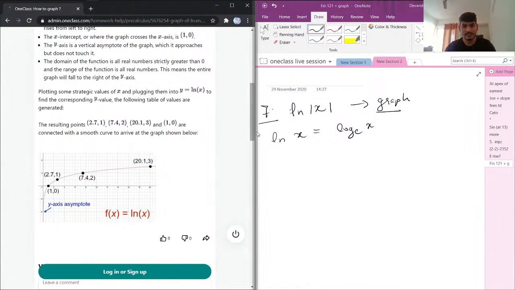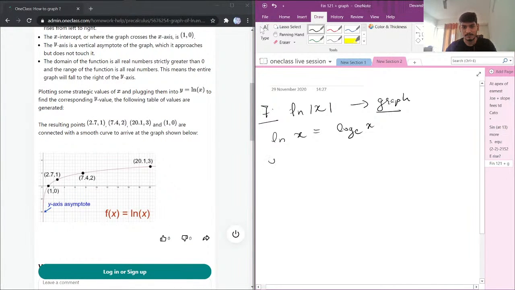So for this, we'll say y equals ln of x. Then we'll find the value of y. Here it is putting some random numbers.